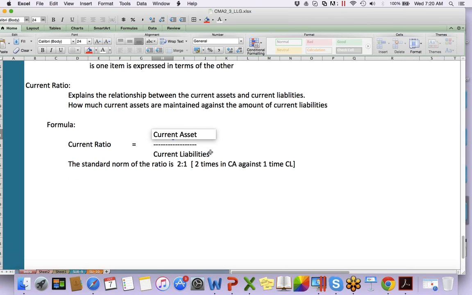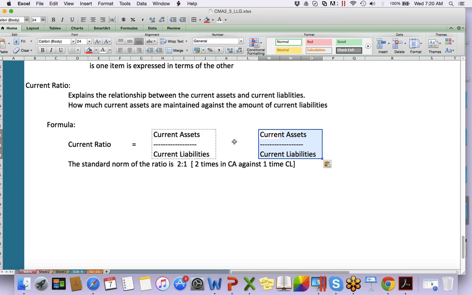So current ratio is the first tool used in liquidity analysis. But current assets are nothing but the total amount in your CMAIP. Some assets will take time to be converted into cash, like inventory.